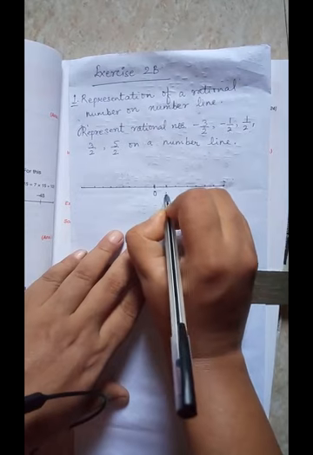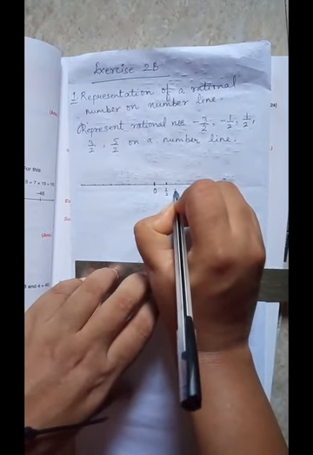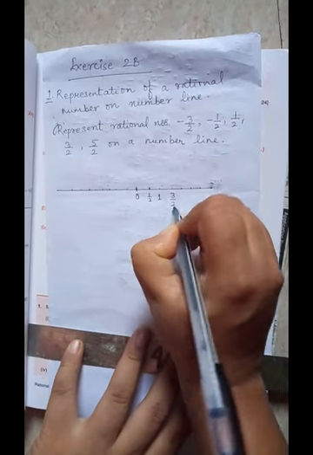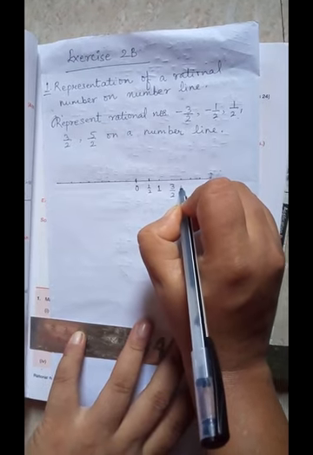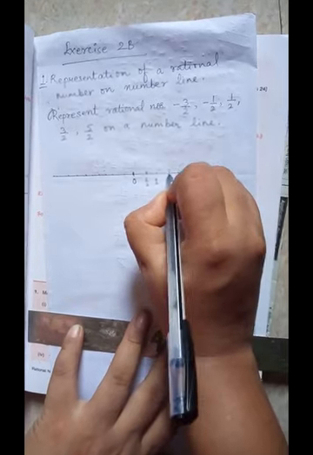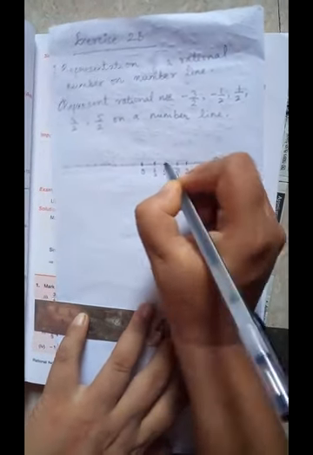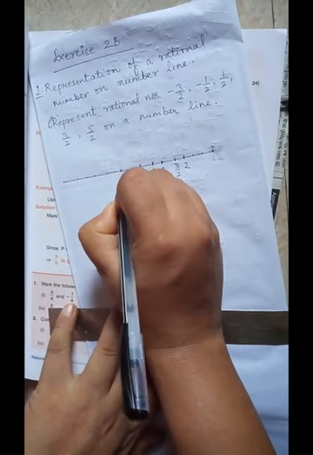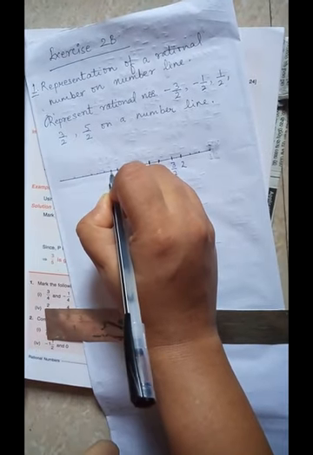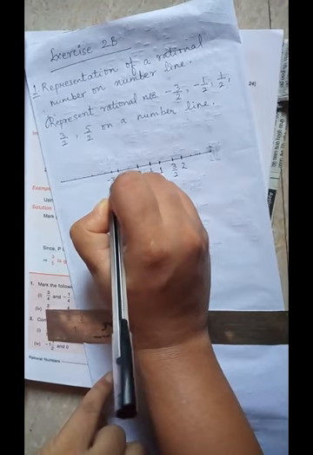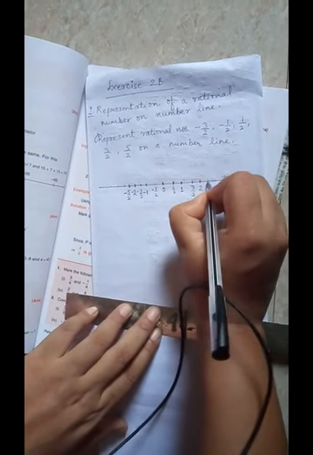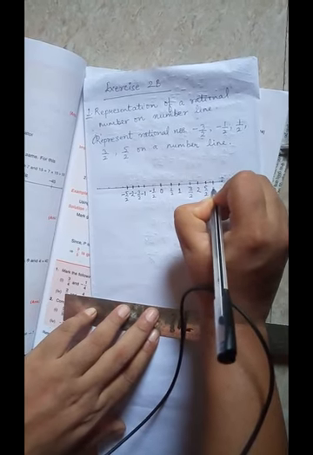So this will be 1 by 2, this will be 1, and this will be your 2, and here on this side minus 1 by 2, then this will be minus 1, then this will be your minus 3 by 2, then this is minus 2, and this will be minus 5 by 2, and here it will be 5 by 2, and this will be 3.